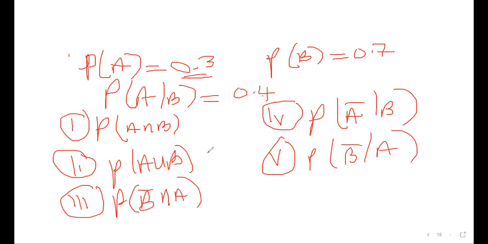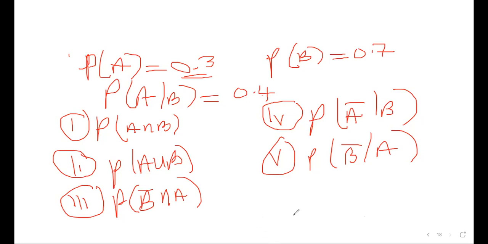Okay. So who can give me the answer for the first one? Probability of A intersection B. What's the answer? 0.28, correct.